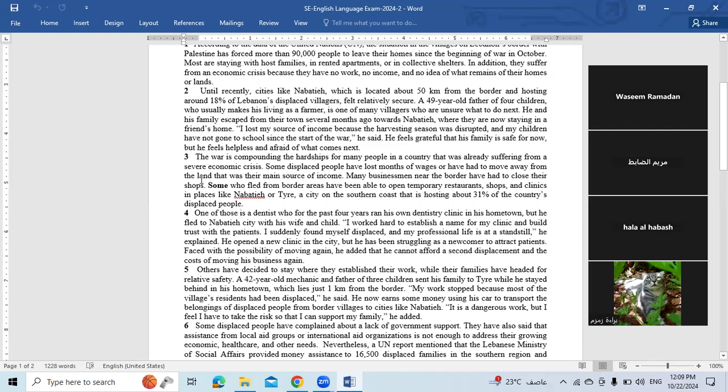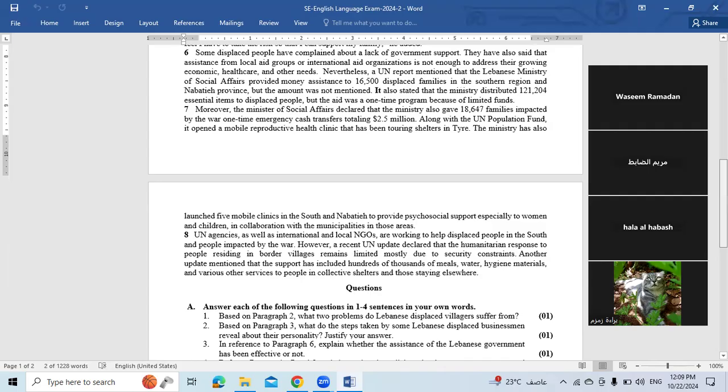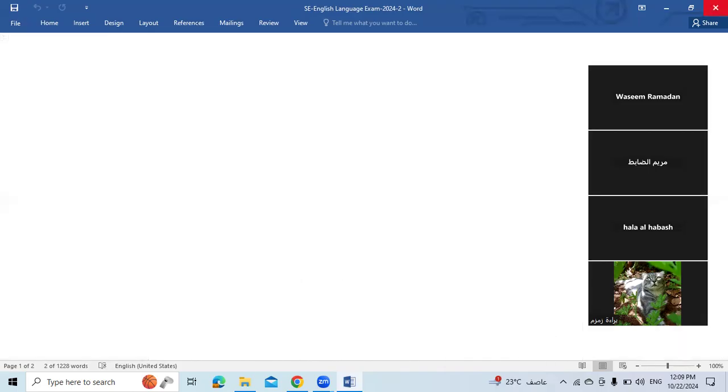If we go to paragraph 3, one of those is a dentist. It means one of those what? People, right? So those refers to who? To displaced people. So here, the cohesion between 3 and 4 is indirect, but between 6 and 7 is direct. Okay?